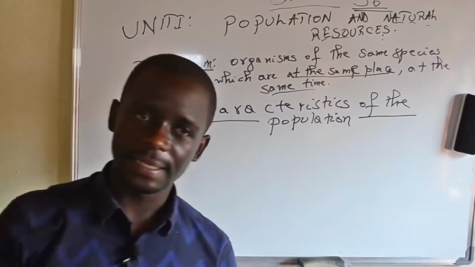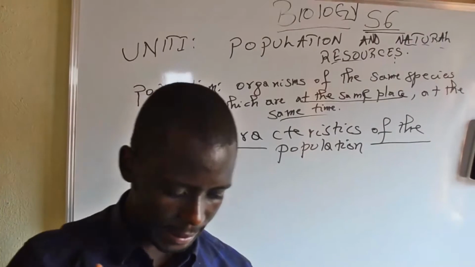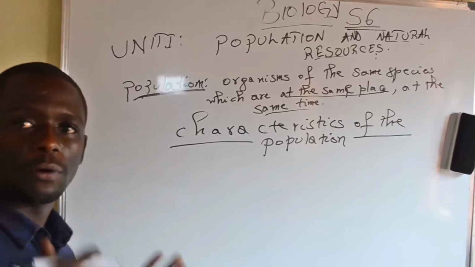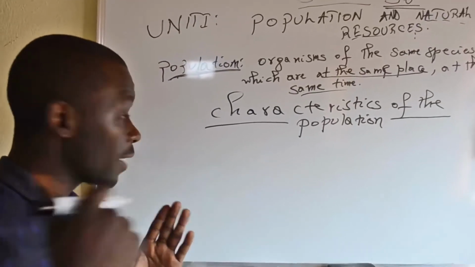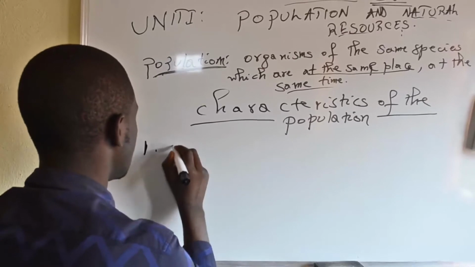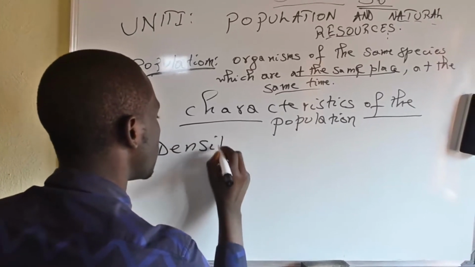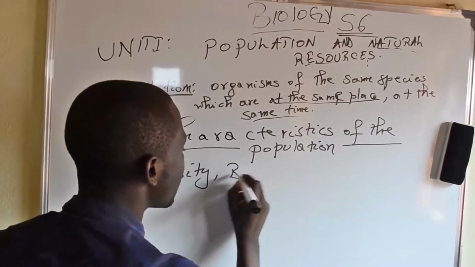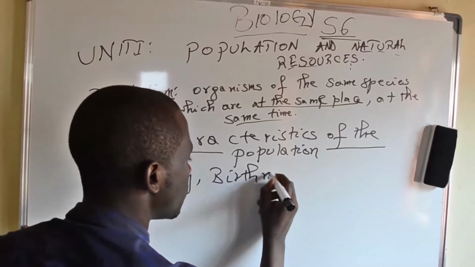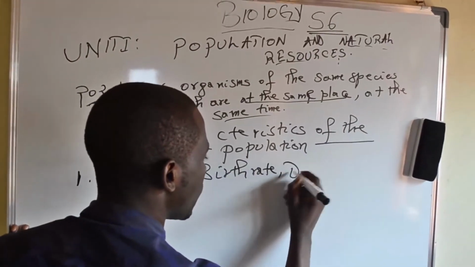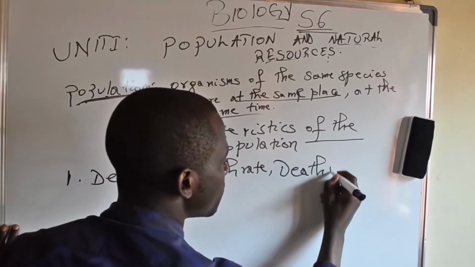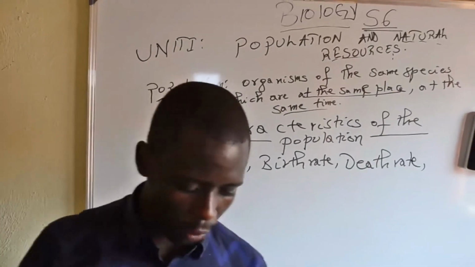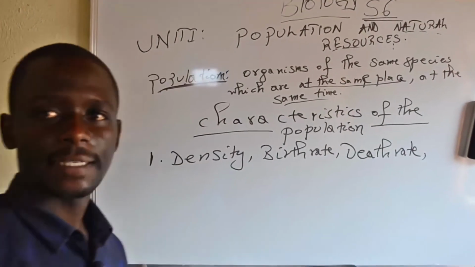The first characteristic of the population is the density, okay? I'm going to write them, I will explain them later, okay? I just hope that you follow, okay? The first is density, okay? Second is the birth rate. We cannot forget the death rate, okay? There is also a growth pattern and an age structure.